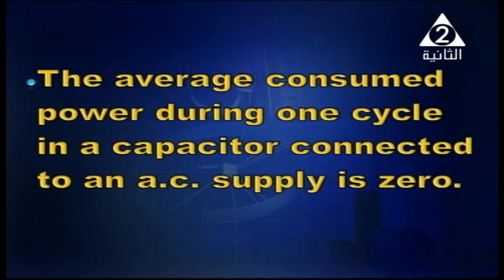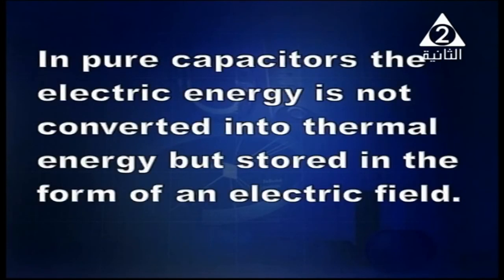Another give reason: the average consumed power during one cycle in a capacitor connected to an AC supply is 0. As a matter of fact, in pure capacitors, the electric energy is not converted into thermal energy, but is stored in the form of an electric field.